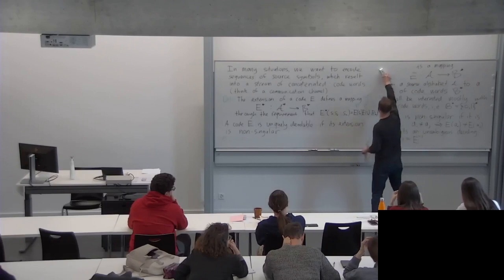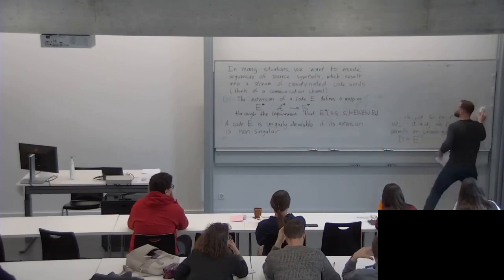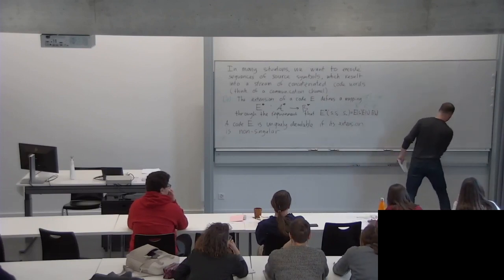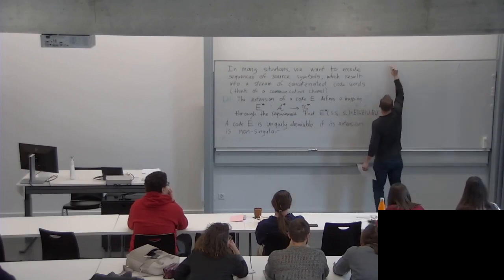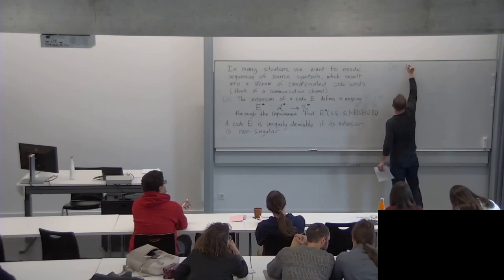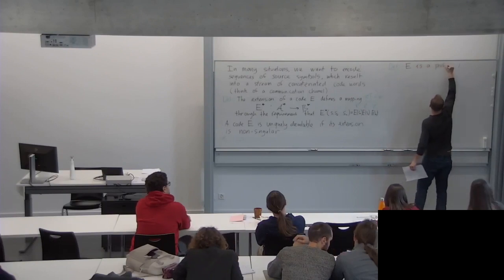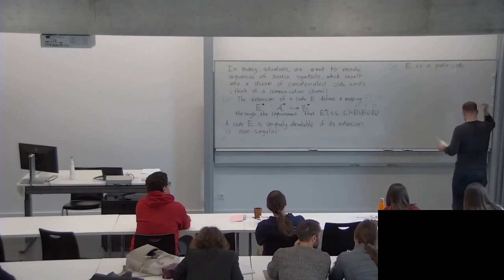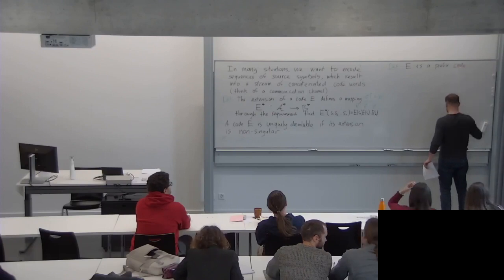One more definition before we go, and then we make a small example. E, again, is a code. E is a prefix code. There's no space: prefix-free, but prefix code.